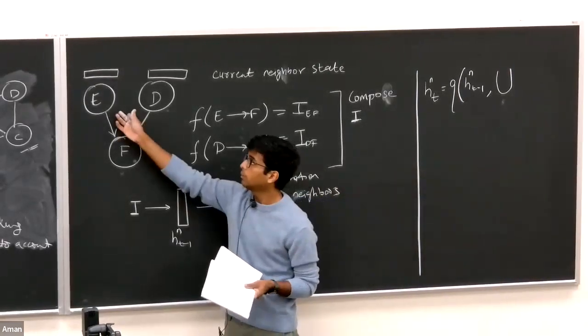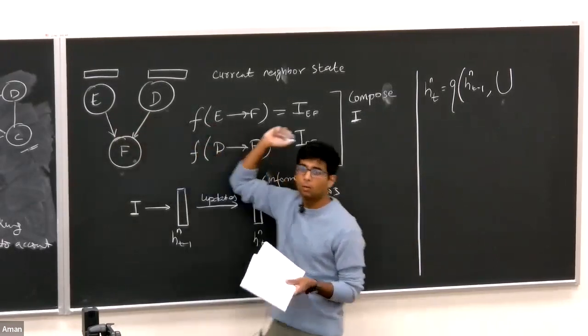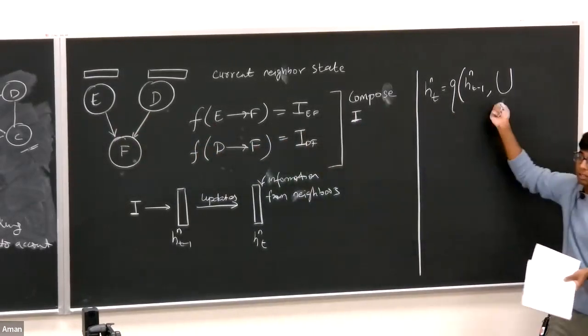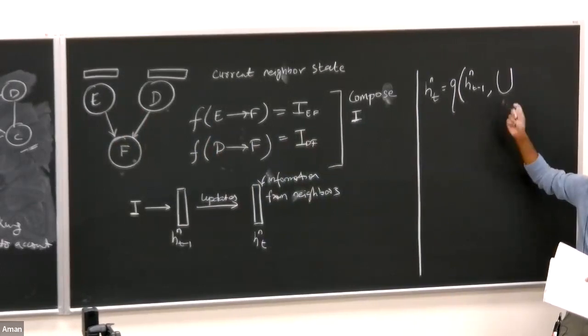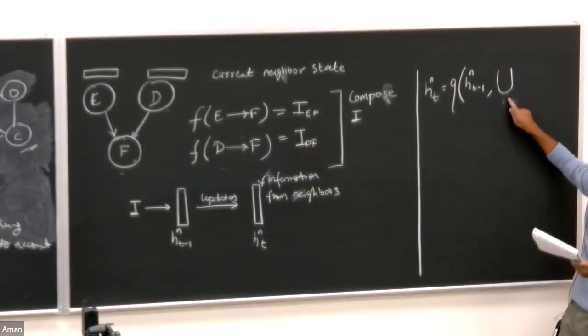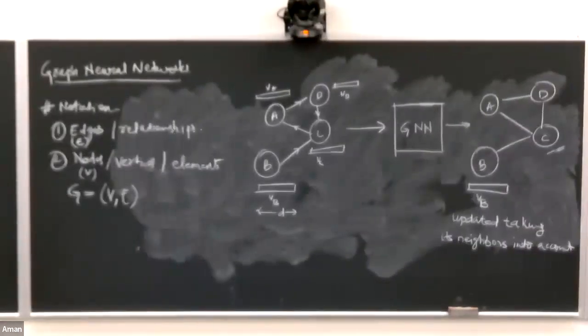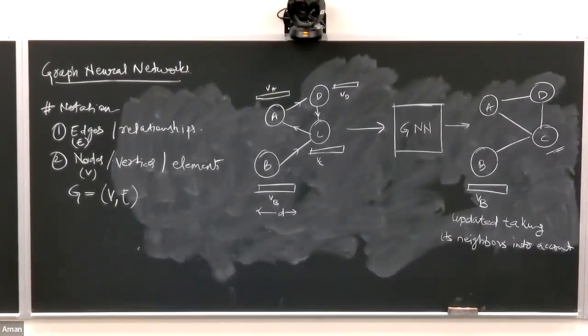Irrespective of whether e comes first or d comes first, this operator should give you the same value. So as long as this operator is independent of the order of the neighbors, you can use any operator here. Here we're using the union operator, which takes in just the neighbors of n.